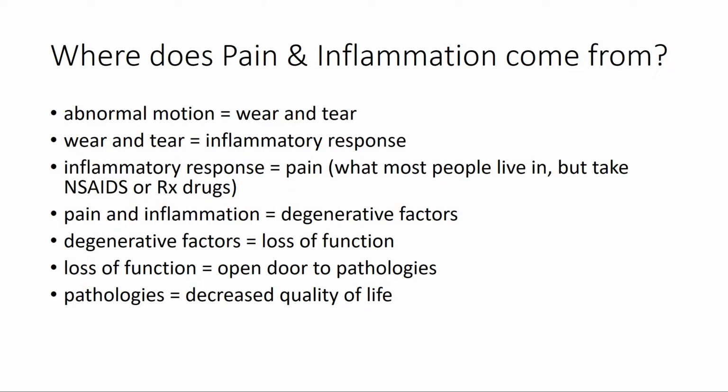Okay, so where does pain and inflammation come from? It comes from macro and micro trauma. And macro trauma is like blunt trauma, like motor vehicle accidents. You got destroyed by a football player in a game. You're skiing, you hit a tree. Horseback riding, it bucks you off, things like that.